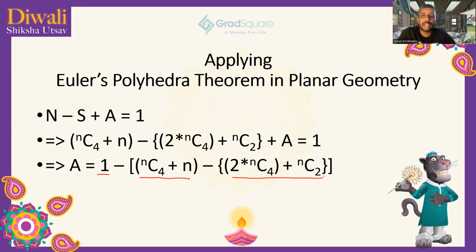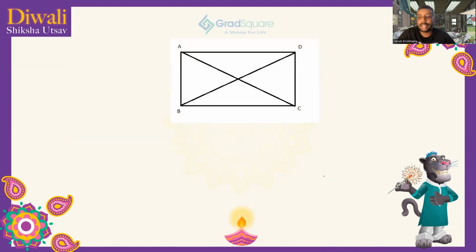Let us apply this in a couple of specific cases and see whether we are getting to the correct answers or not. So for that, let's take the case of a quadrilateral. So I have a quadrilateral, which means I was given only initially these 4 points, A, B, C, and D. So when I'm joining A with the remaining 3 points, B with the remaining 3 points, C with the remaining 3 points, and D with the remaining 3 points, this is the total figure that I will get.